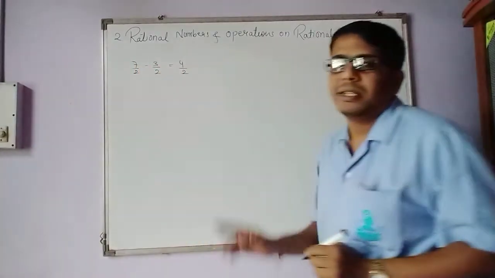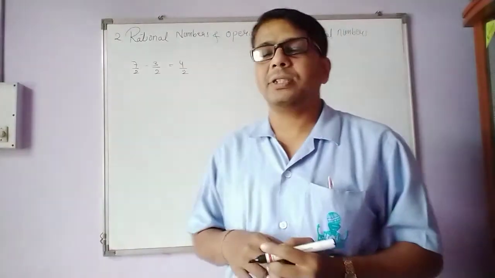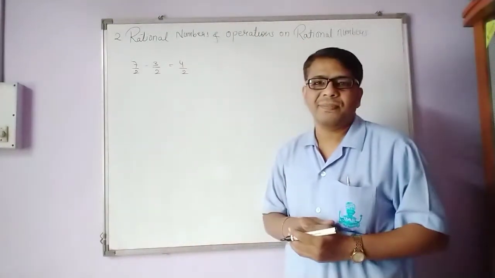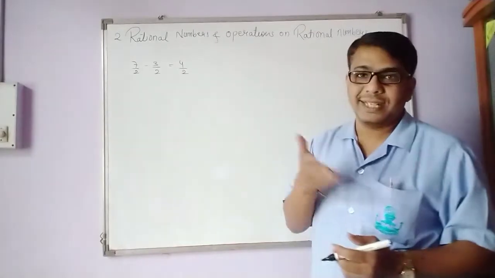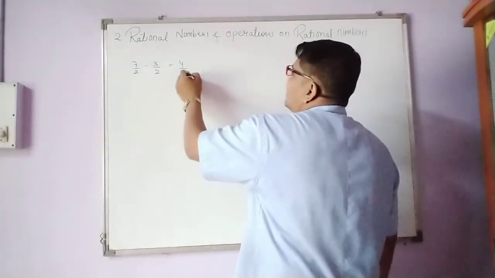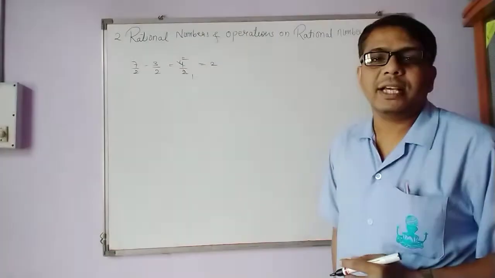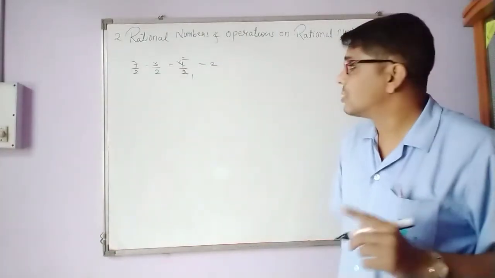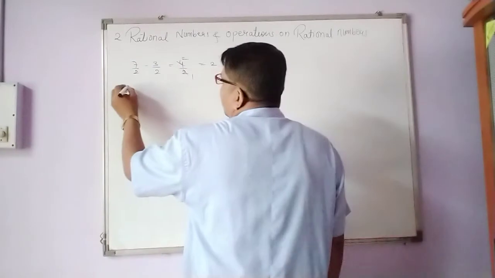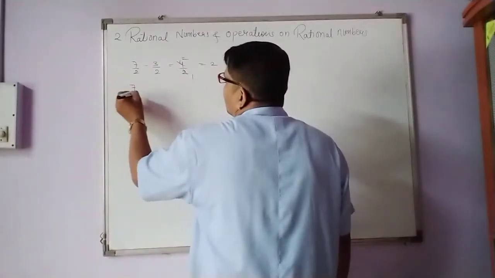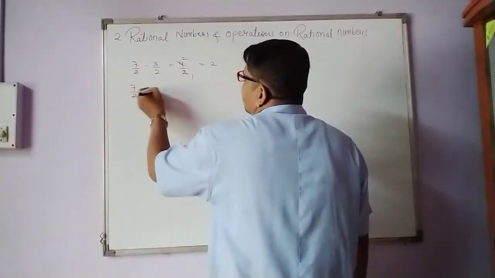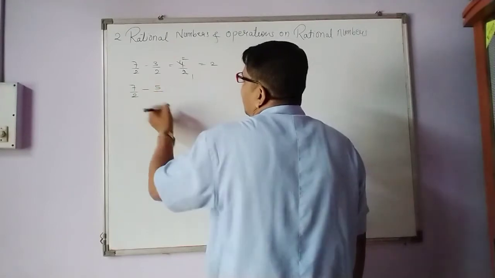What did I do? Only subtract the numerators because denominators are same. Now again, is this reducible? Yes it is. So I can reduce it. 2 ones are 2, 2 twos are 4. Okay. On the other hand, suppose I have got 7 upon 2 minus 5 upon 8.